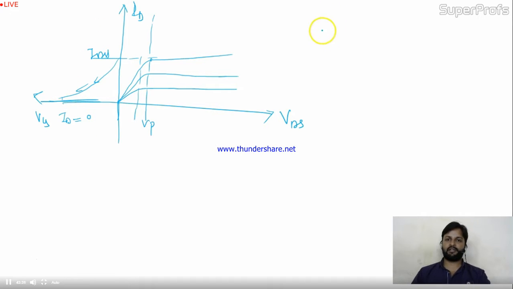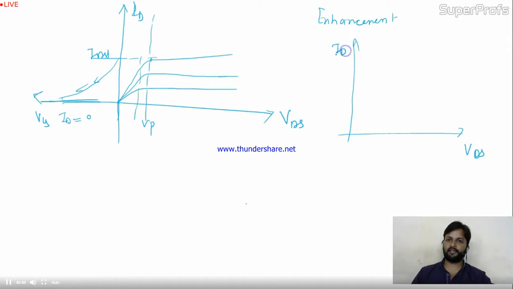But if we come to the enhancement, initially the current is 0. Then the current is going to increase. Is it okay? Let's take VDS and ID.